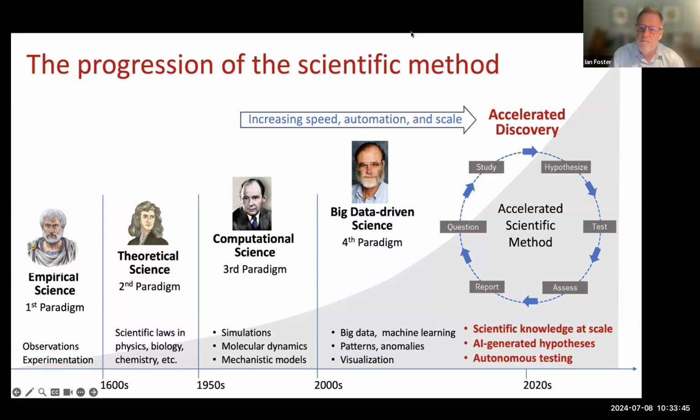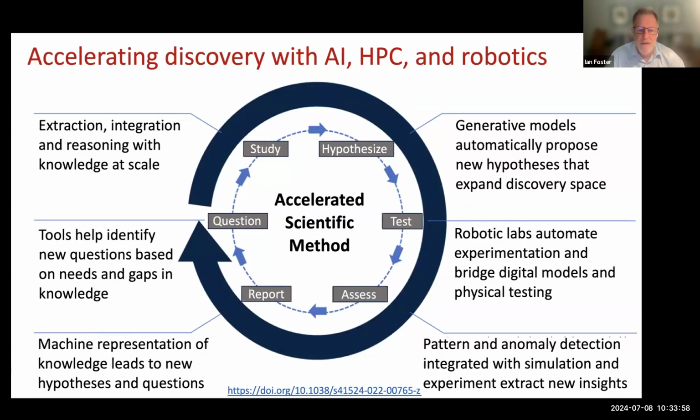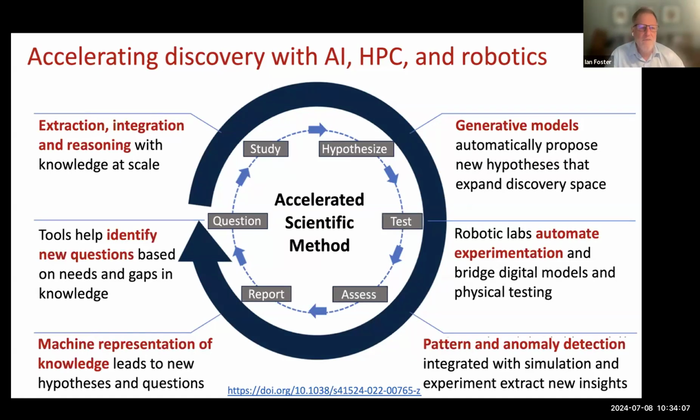And I think you'll probably mostly recognize the loop on the right. This is at least a representation of the scientific method as widely applied. And here I expand upon some of the steps involved in that scientific method and highlight in red some of the ways in which AI, and particularly foundation models, may be used to accelerate different elements of this process.